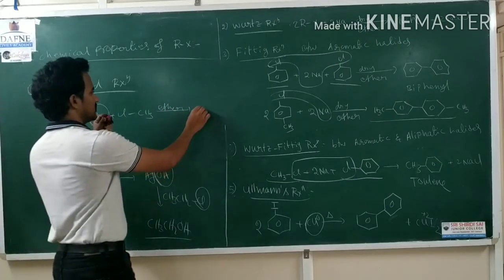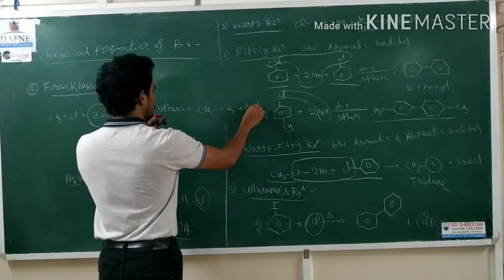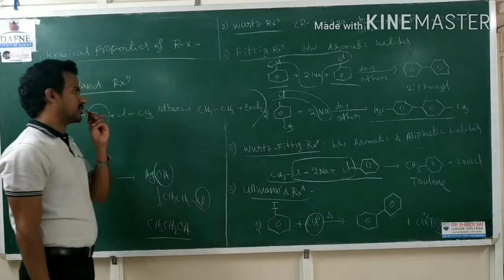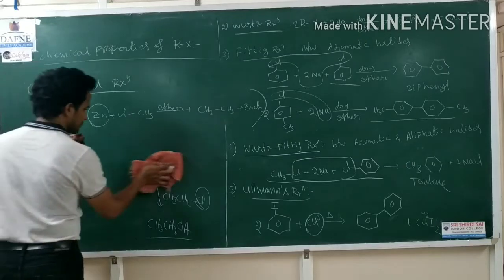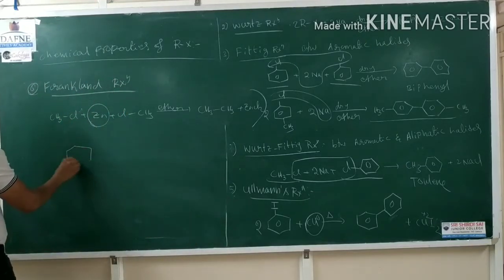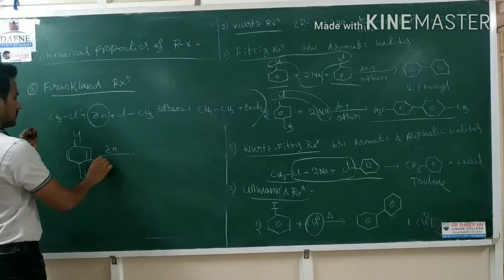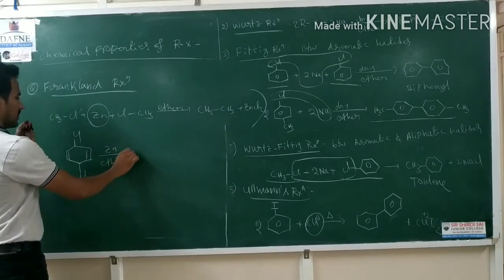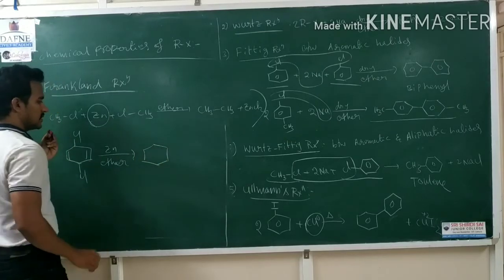The product is a methyl-methyl combination, ethane, and the side product is ZnCl. It follows a radical mechanism. For suppose, this is an intramolecular type reaction. On treating with zinc in ether solvent, it follows a radical mechanism.